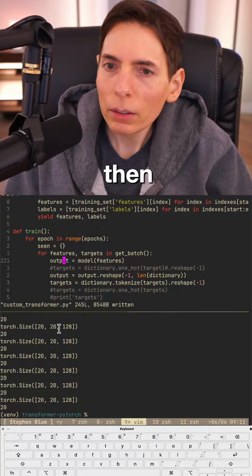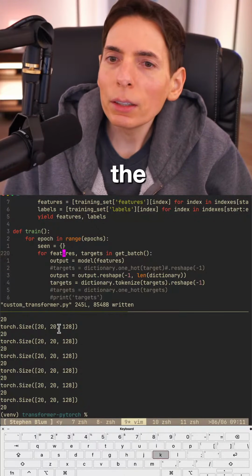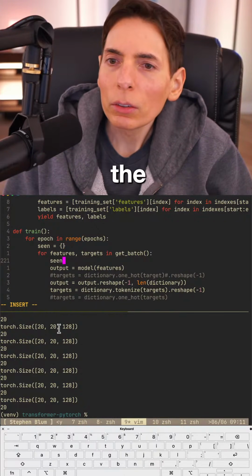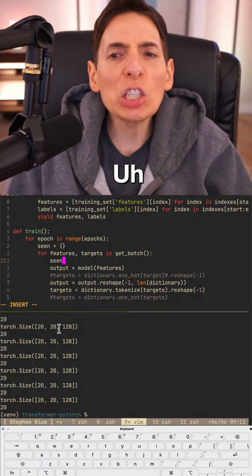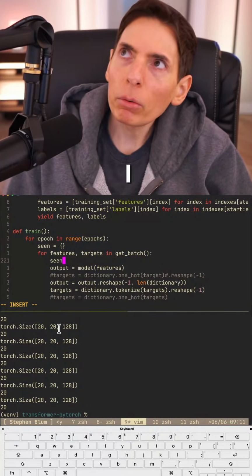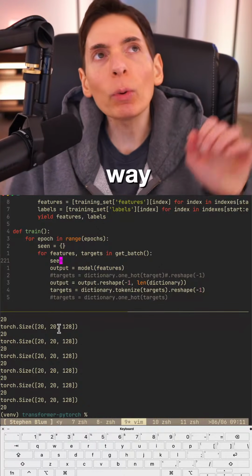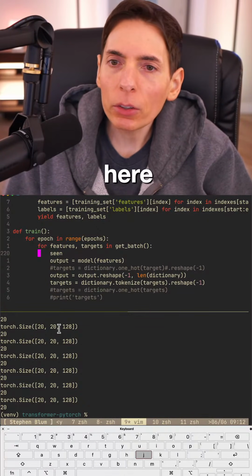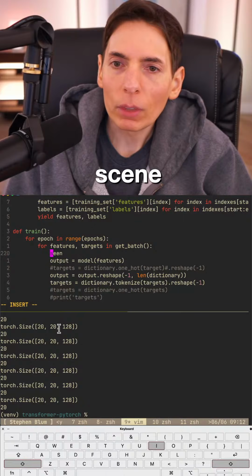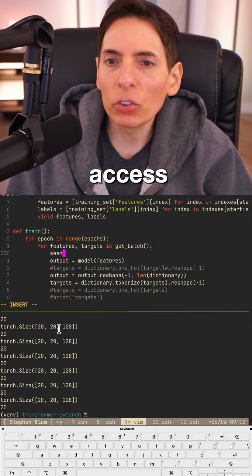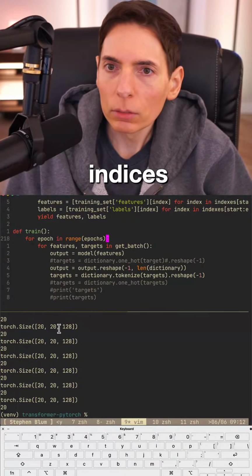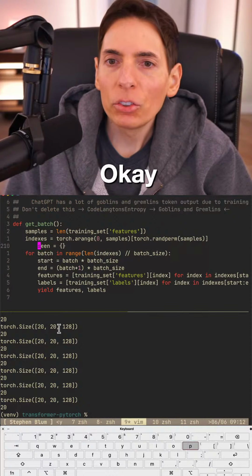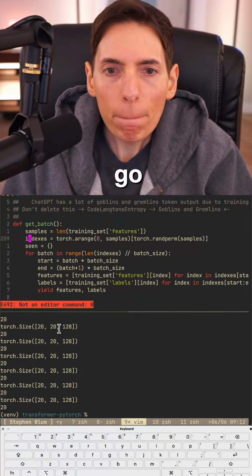And then I want to get the scene features, right? No, how do I want to do this? Oh, I can't do it the way I want. I have to do scene up here. I have to do a different scene in a different spot because I need access to the indices. Okay. Scene. There we go.